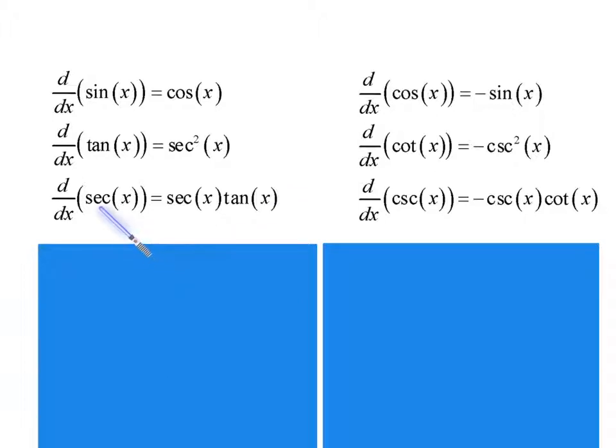Secant and cosecant are not reciprocals of each other, but they're reciprocals of cosine and sine, respectively. There's a similar relationship here. Derivative of secant is secant times tangent. Derivative of cosecant, negative cosecant times cotangent.